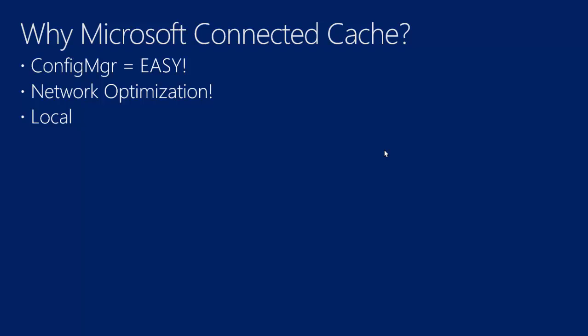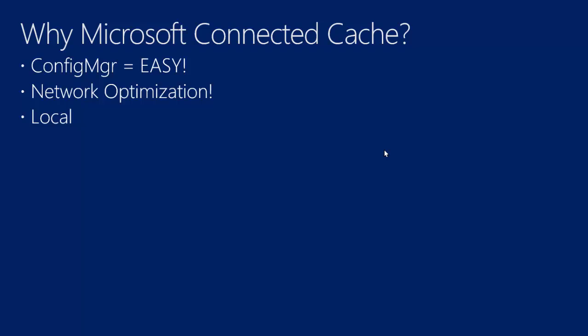I want to dispel this, as I want to make sure it's clear as we go through this session. The Microsoft Connected Cache server that you implement with Config Manager in no way means that it is limited to Config Manager content.